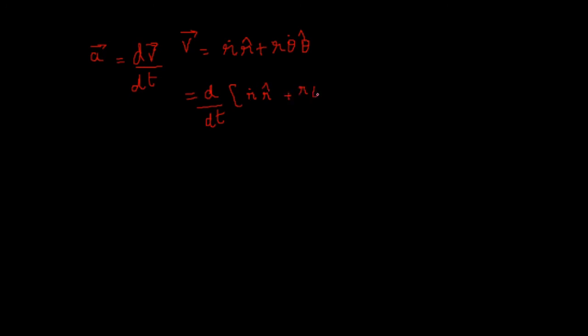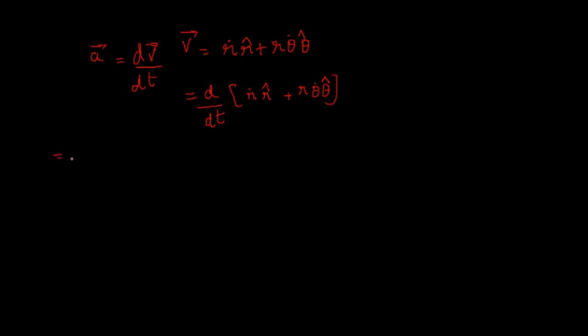So we will write our acceleration as dv vector by dt. Acceleration is nothing but the rate of change of velocity. Just 2 minutes back we found the velocity, which is r dot into r cap plus r theta dot into theta cap. So let me differentiate this: d by dt of r dot r cap plus r theta dot theta cap. We have to write each term separately.